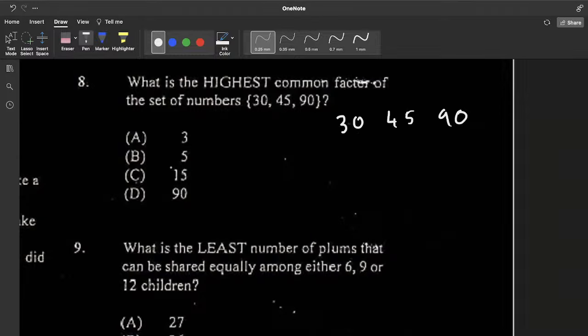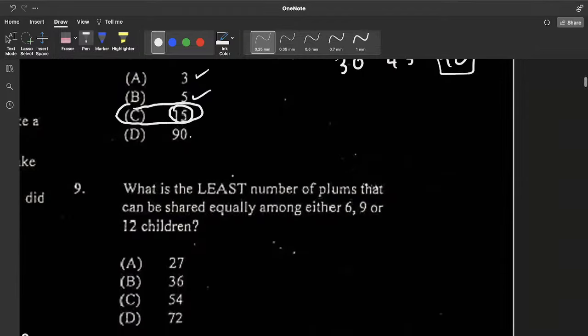Just looking at our options, 3 can go into this, but it's not the highest. 5 can also go into all 3 of these, but it's not the highest. 15 can go into all 3 of these. So we know it's this answer, because 90 cannot go into all 3 of these. 90 can only go into 90. So therefore, our answer is this. Remember, it said the highest. Yes, these are common factors, but they are not the highest.